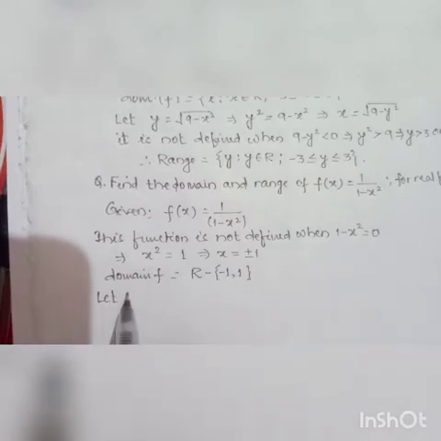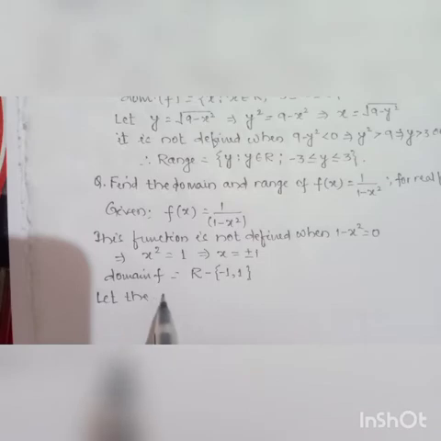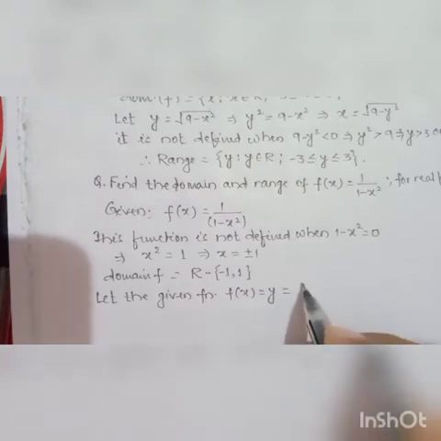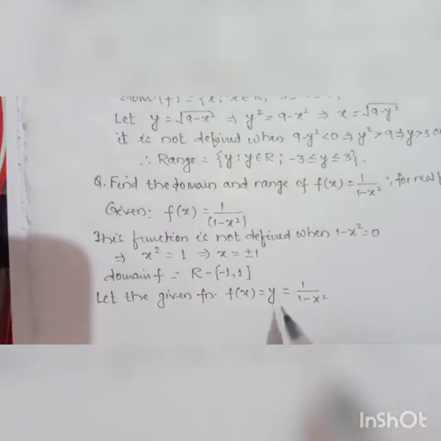Let the given function f(x) be equal to y. And what is y? 1 upon 1 minus x square. Simplify this and calculate the value of x in terms of y.